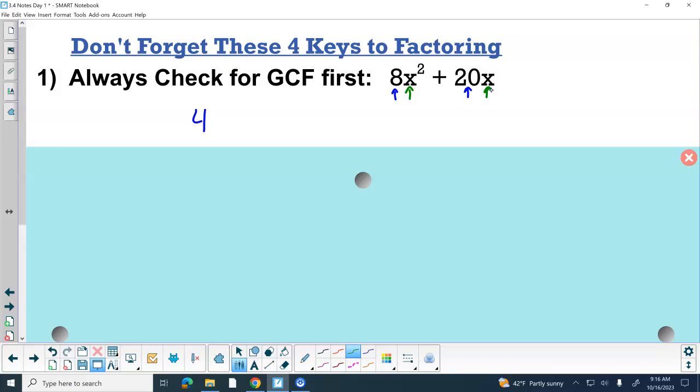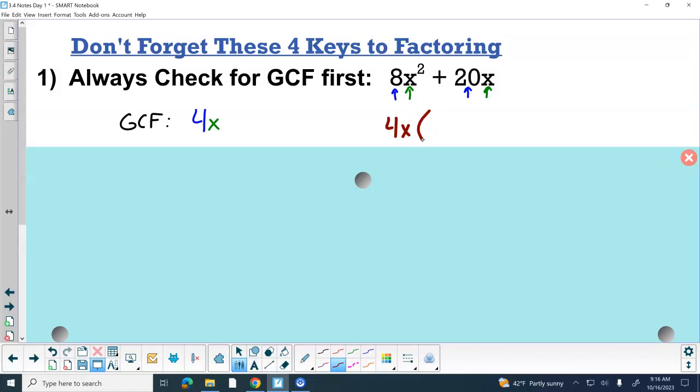Now this is where you have to think inverted. X to the first is the smallest. So my GCF would be 4x, which means I'm going to write that out in front. 4x is my GCF. Then I divide each of my terms by my GCF.